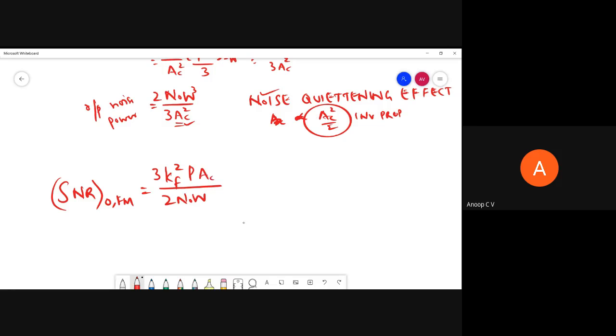So it will be 3 kf square P AC square by 2 N naught W cube, right? This is actually the output SNR.